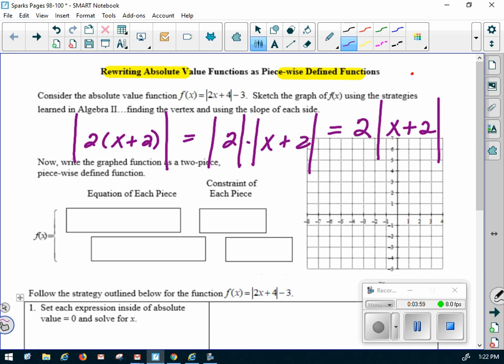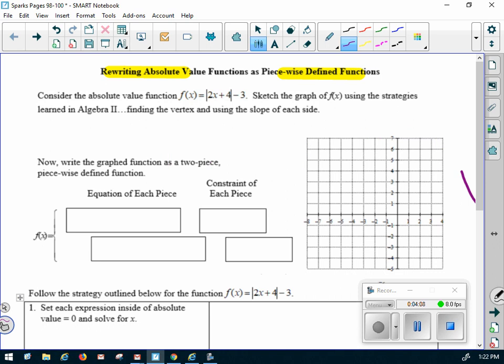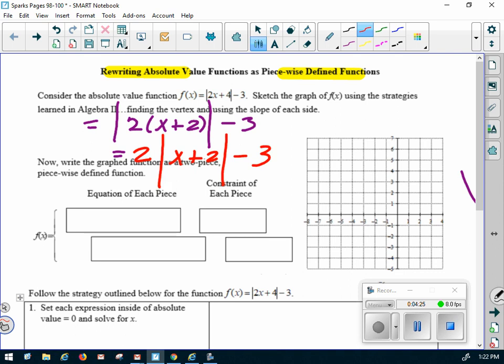Got it? Okay. This is what we're going to do with what Tristan just said. So we're going to think, okay, this is equal to the absolute value of 2 times x plus 2 minus 3, which gives us the absolute value of 2 times the absolute value of x plus 2 minus 3.